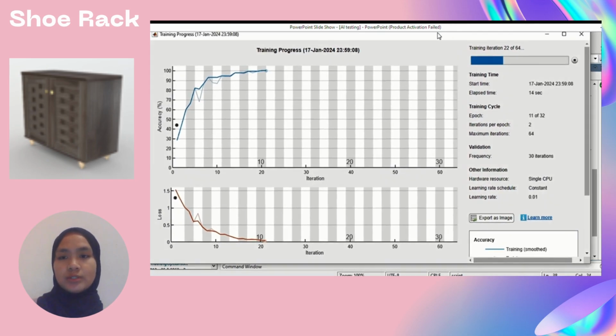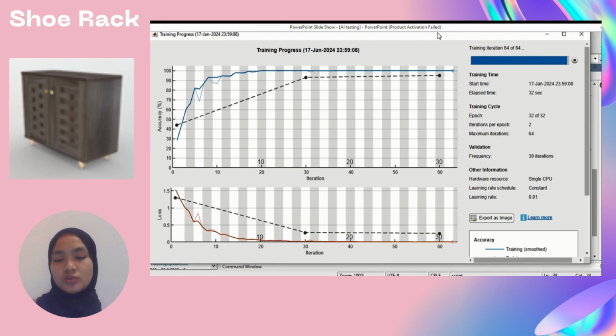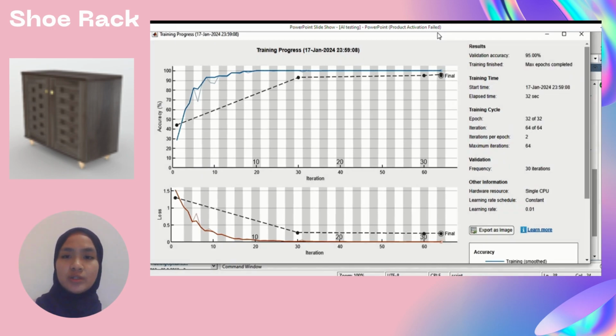And now we can see that MATLAB has predicted the picture, and it shows that the picture is actually a shoe rack with a 100% probability, referring to the prediction. We can see that the shoe rack got the highest probability, which is also correct since it is a shoe rack. So it shows that MATLAB predicted the picture correctly.